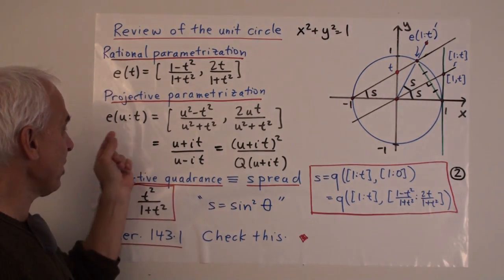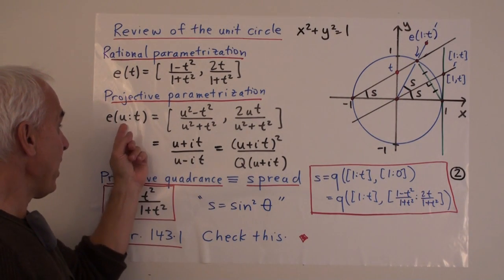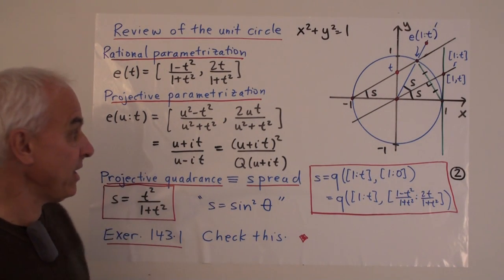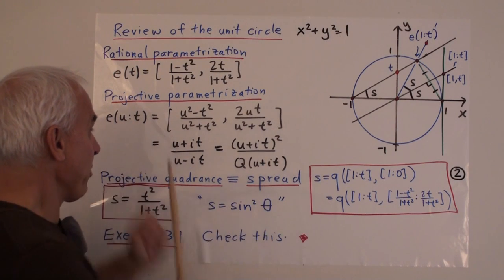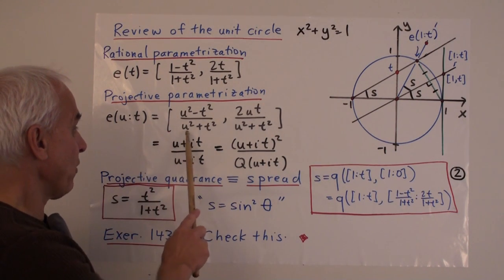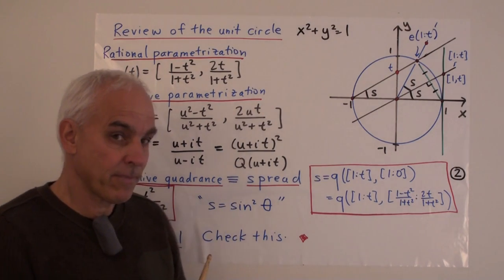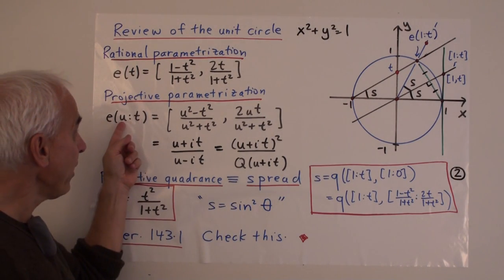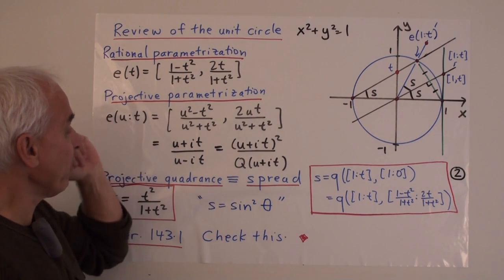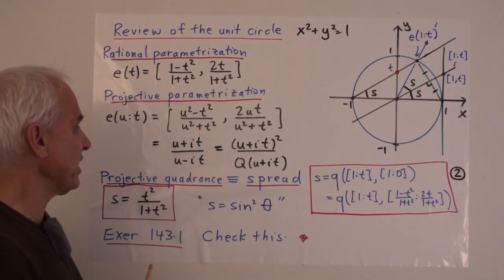Now we're going to parametrize the same circle by a projective one-point [u : t], and here's the formula: ((u squared minus t squared) over (u squared plus t squared), 2ut over (u squared plus t squared)). When u equals 1, then we recover the earlier rational parametrization.